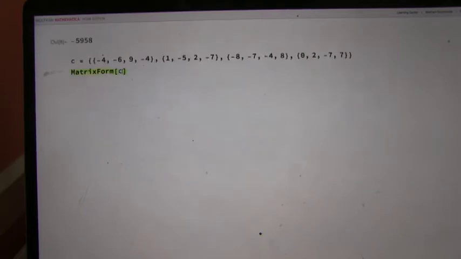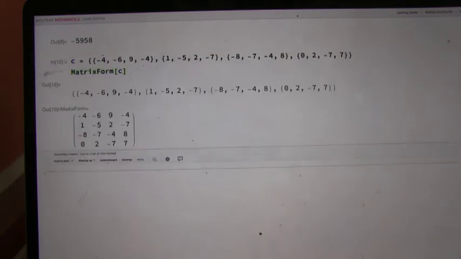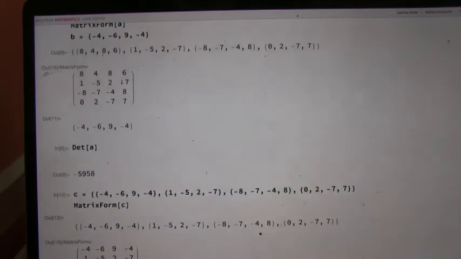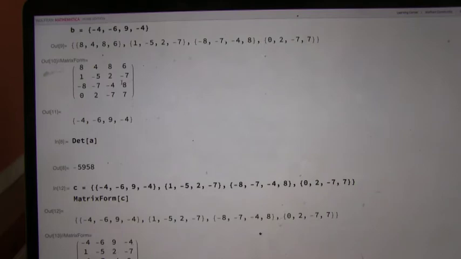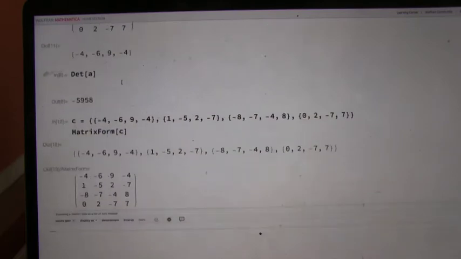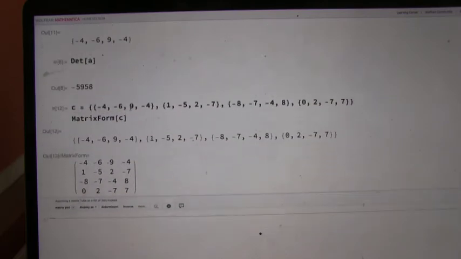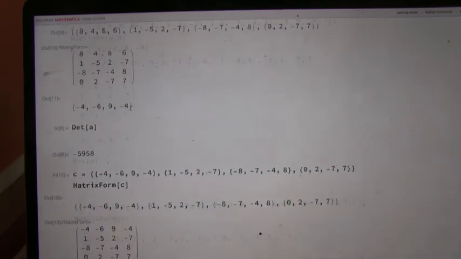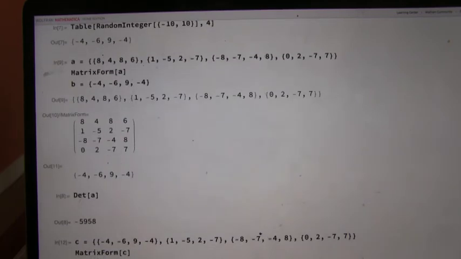And then matrix from C should be... Oh, it's not. Oh, okay. This does it in the rows. Okay. So I need to get this back.